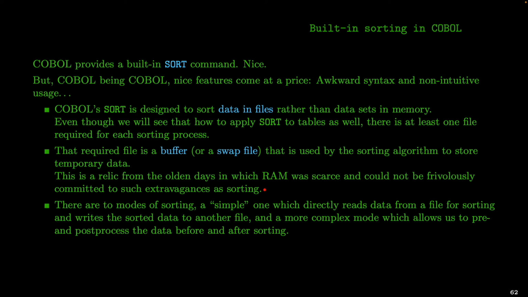Now, there are two modes for this sort command in COBOL. The first one, which I call the simple mode, just directly reads data from one file for sorting and writes the sorted data to another file. And then there's a more complex mode, which allows us to pre- and post-process the data before and after sorting. And this latter mode actually allows us to sort tables in memory and not just external files.